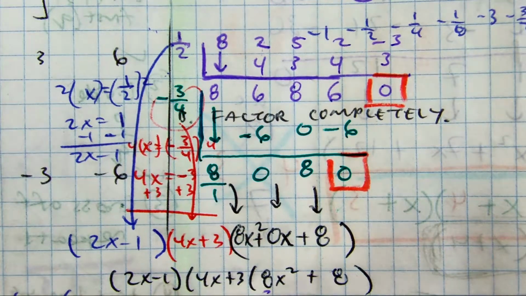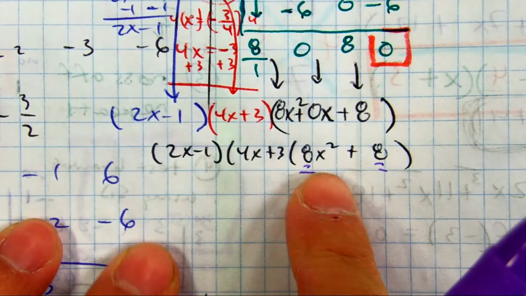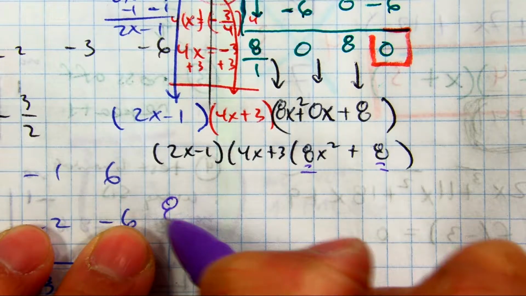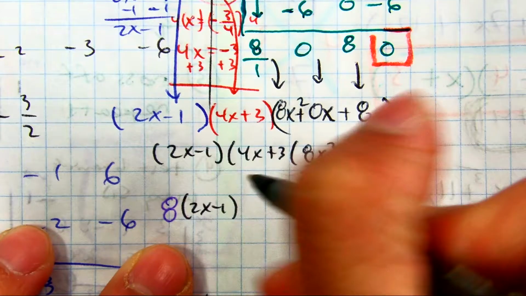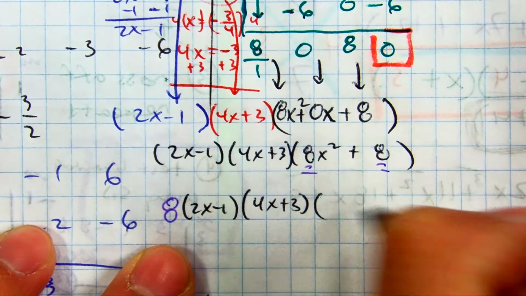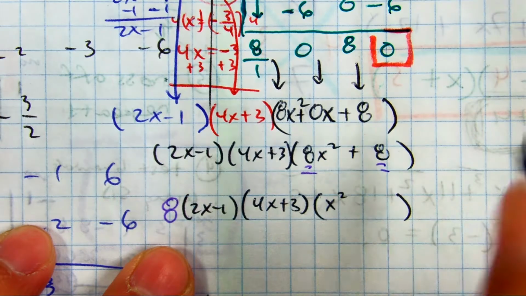I can take out a GCF from right here. Class, what's the greatest common factor? 8. So now I have 2x minus 1, 4x plus 3, and what's left in there? x squared plus 1.